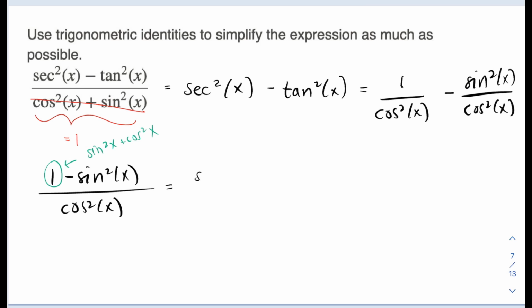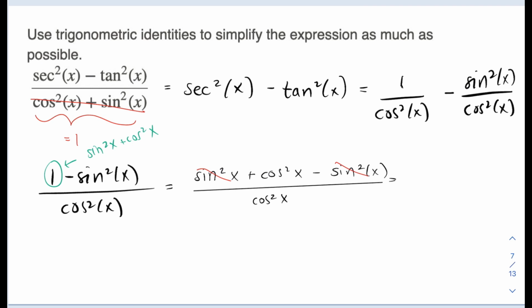That's going to be sine squared x plus cosine squared x minus sine squared x, all over cosine squared x. My sine squareds will cancel. Cosine squared x over cosine squared x will cancel, and that big, long, ugly thing is just 1. And we're done. Those are my examples. Hope it helped.